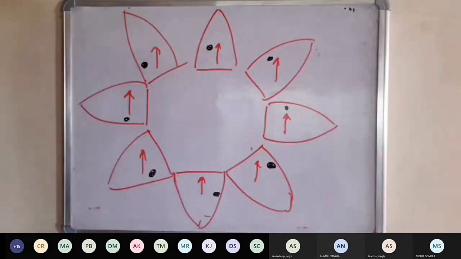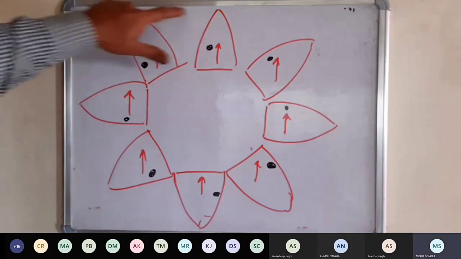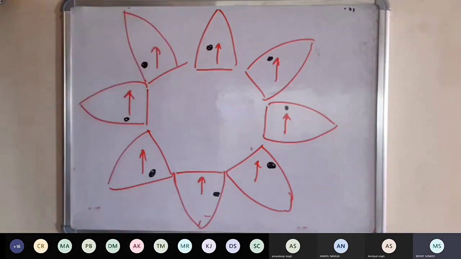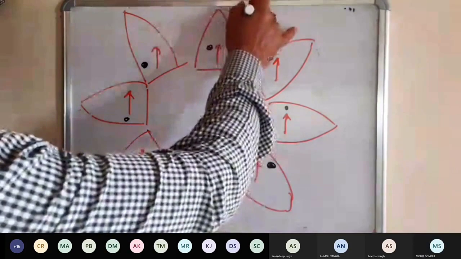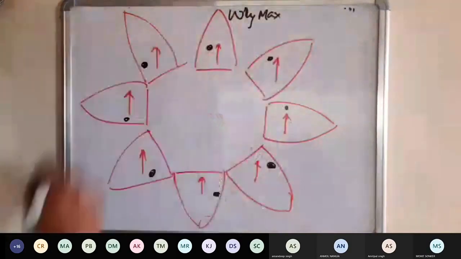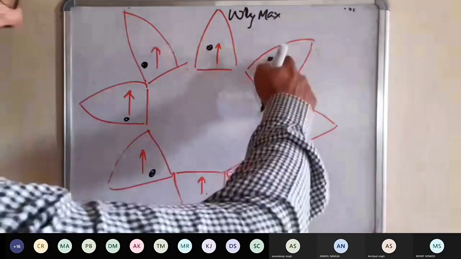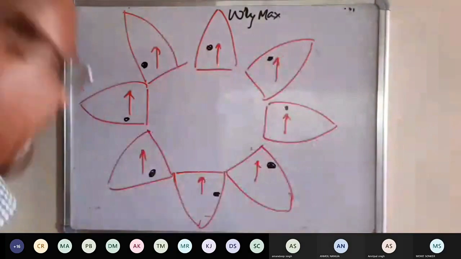Okay, now tell me what kind of deviations are we expecting here? Zero, zero, zero. What are we expecting? Westerly. Westerly. Very good. Westerly and maximum. Because it is exactly at right angle. Here, what will be?